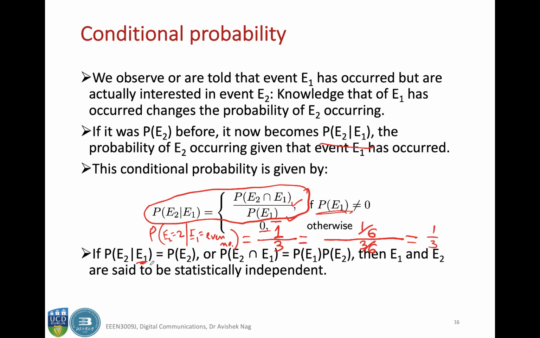So the conditional probability of E2 given E1 is the same as the probability of E2. Or in other words, probability of E2 intersection E1 is equal to probability of E1 times probability of E2. If this condition holds, then we say that E1 and E2 are statistically independent. Okay.